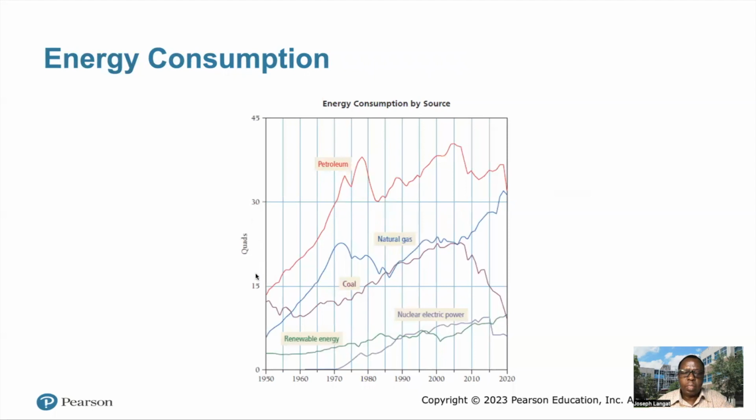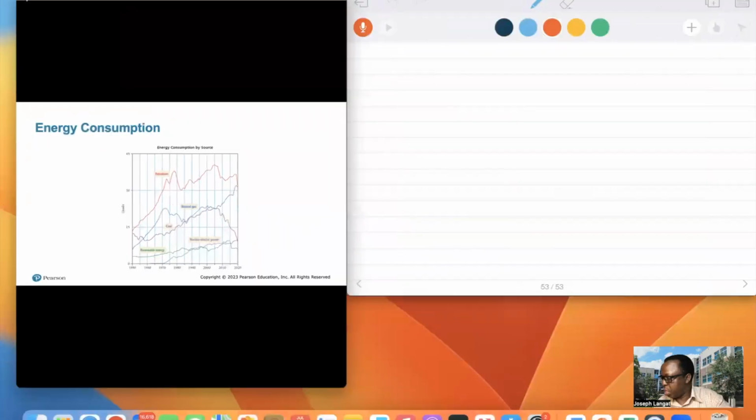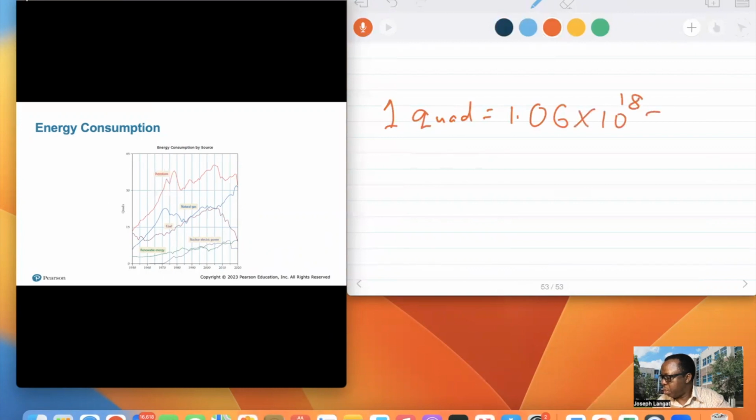On the y-axis, this is quad, and it's quadrillion, all right? It is the British quadrillion, which is the same as 1 quad. 1 quadrillion BTU is the same as about 1.06 times 10 raised to 18 joules.